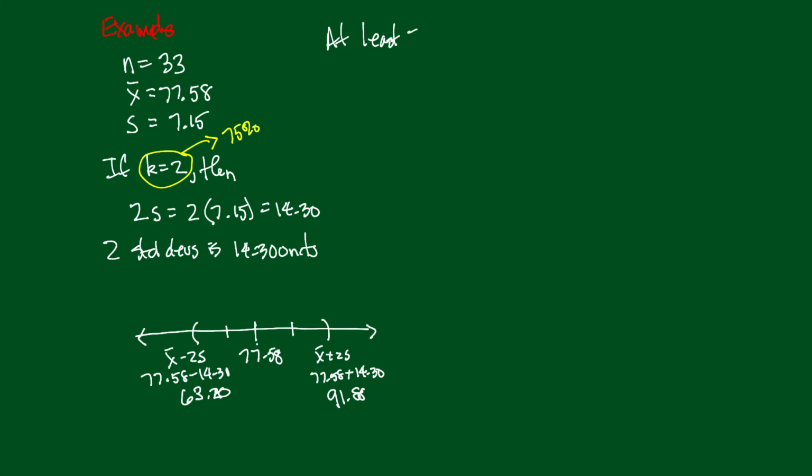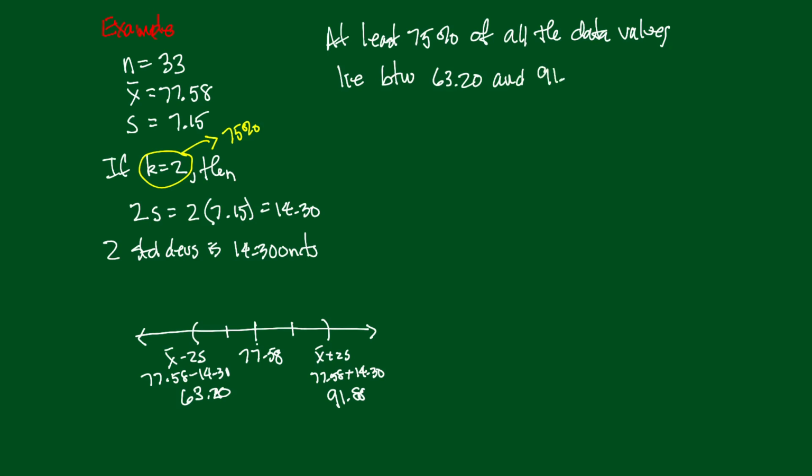At least 75% of all the data values lie between 63.20 and 91.88.